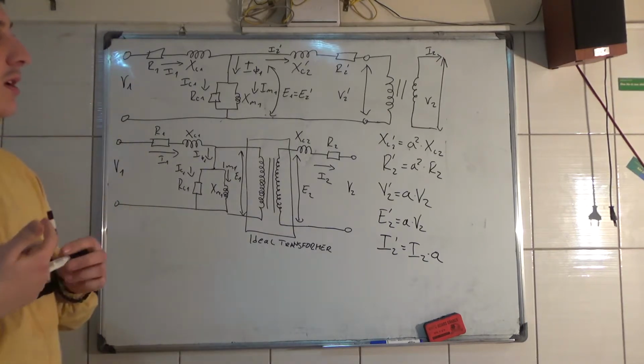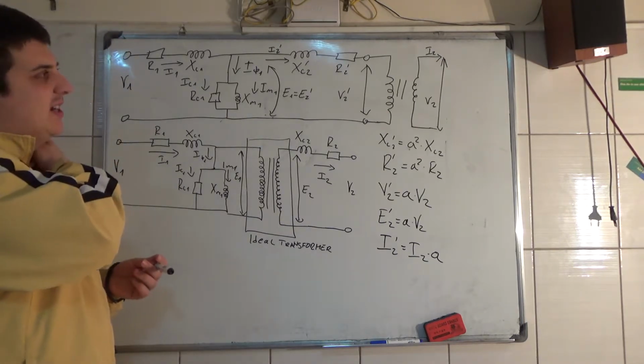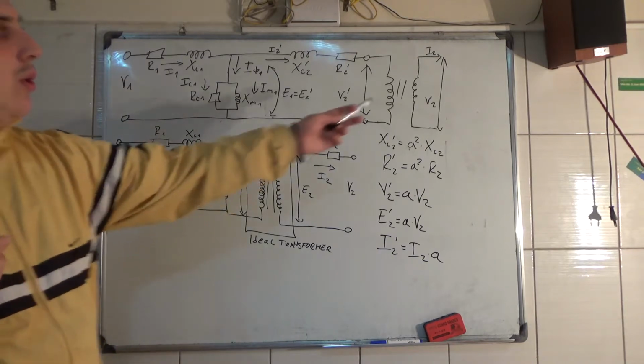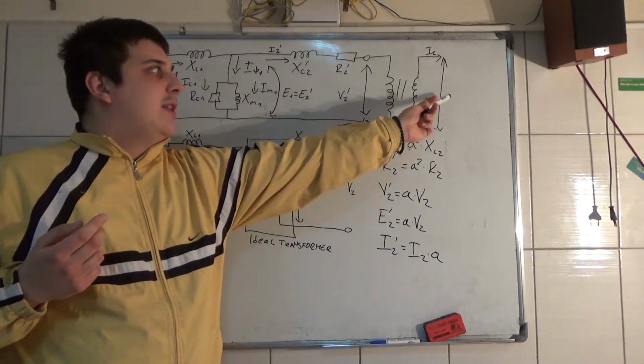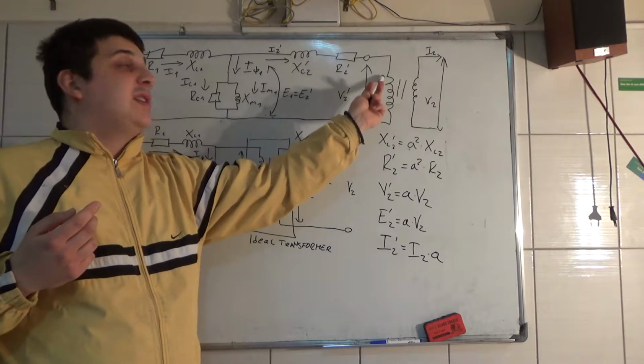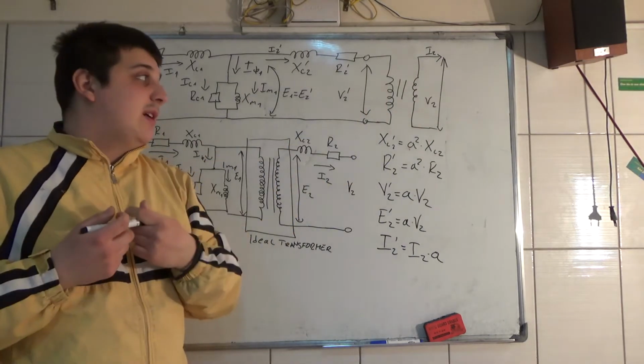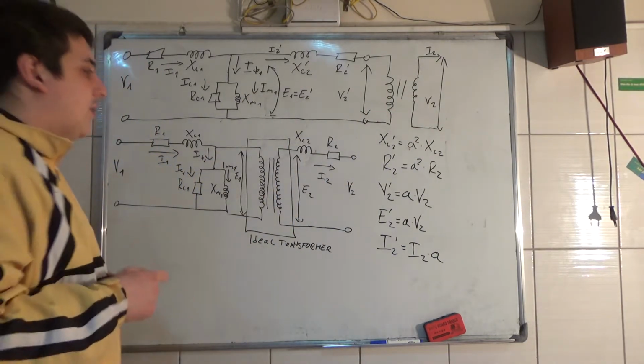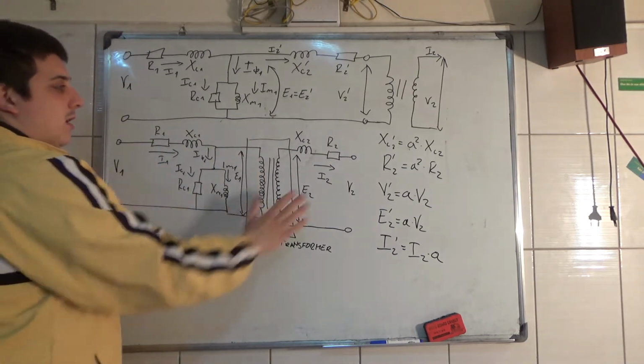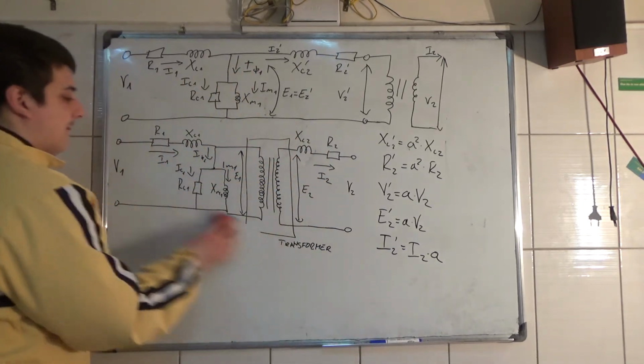But there is one more problem here. We need to transfer the load on this equivalent circuit, and that is very easily done. And now I'm gonna do that over here. I'm gonna remove this circuit here.